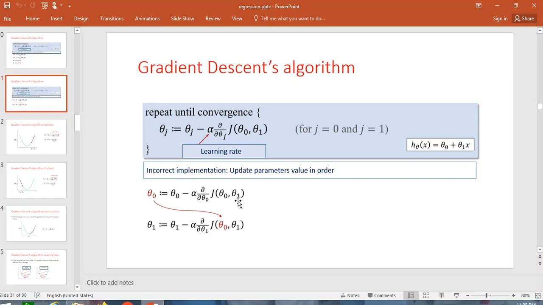As the number of parameters increases, it becomes difficult to define the equation in this way, so it is better to express the general formula with j like this. We can see the blue box here, that the new theta j is equal to the previous theta j minus alpha multiplied by the partial differential of the cost function with respect to the same parameter theta j. This is actually what we wrote in the algorithm.